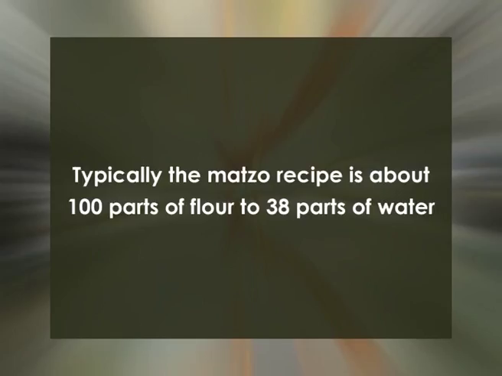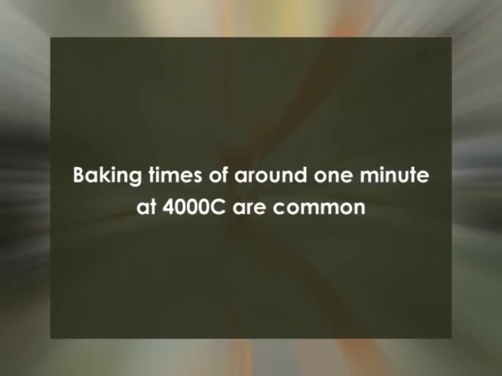Typically, the matzo recipe is about 100 parts of flour to 38 parts of water. This mixture is gently rolled together in a mixer to form a crumbly dough, then baked for a very short time in a very hot oven. Baking times of around 1 minute at 400 degrees Celsius are common.